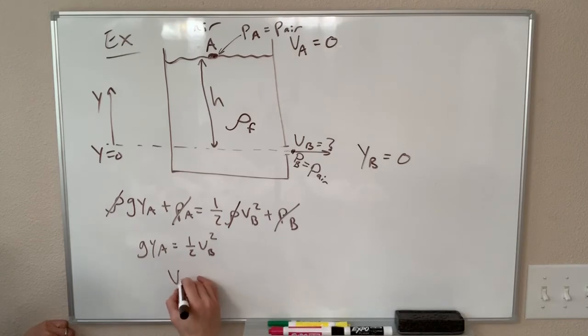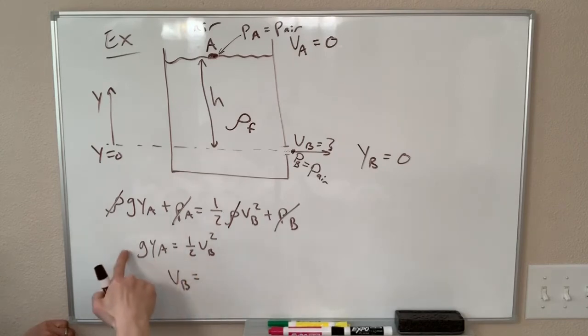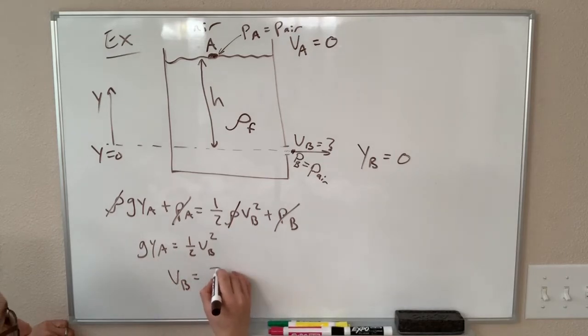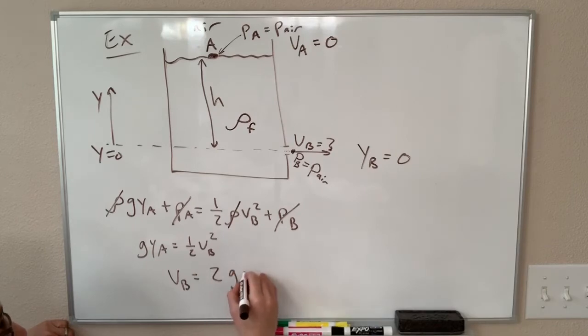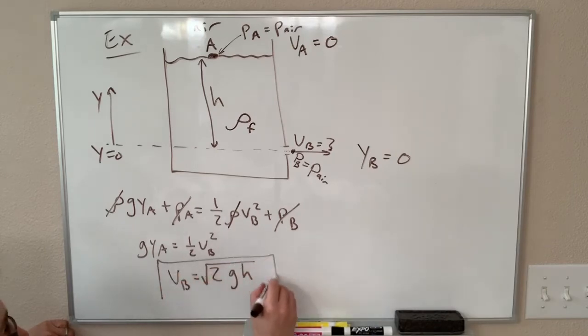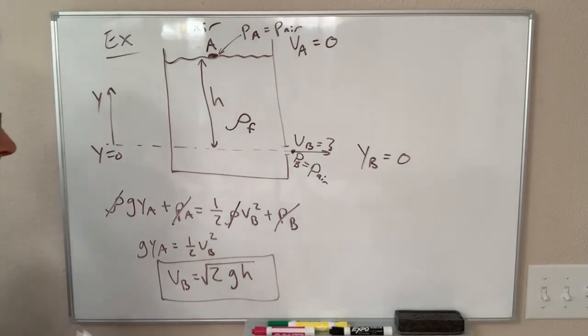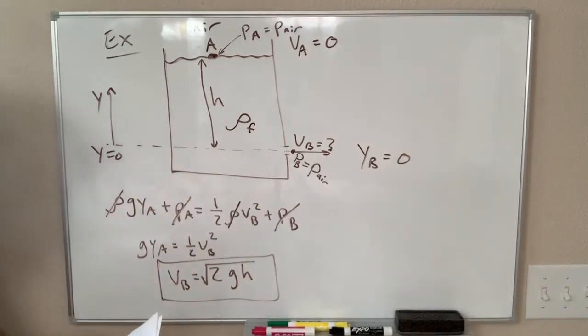So solving for VB, I get 2 times G times Y, which is actually H, as we've called it in this picture. So our velocity at point B is the square root of 2GH.